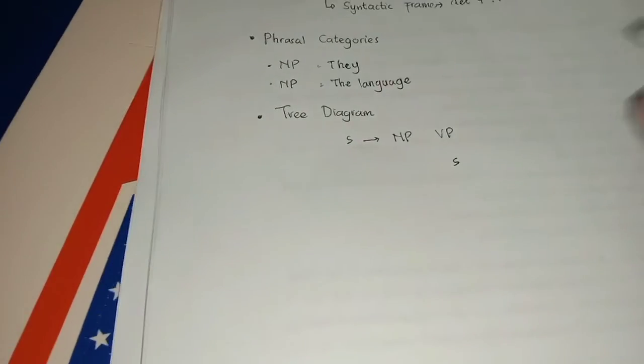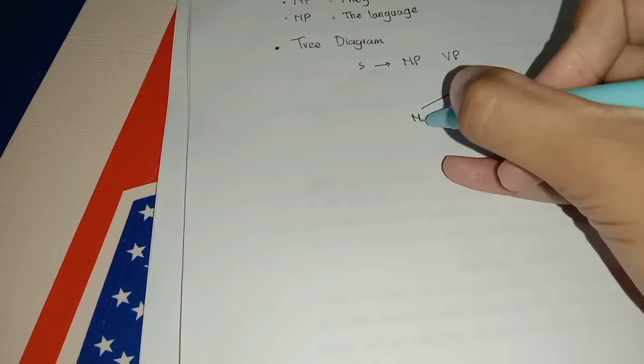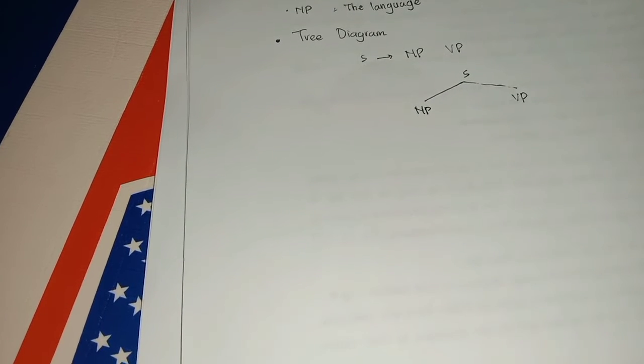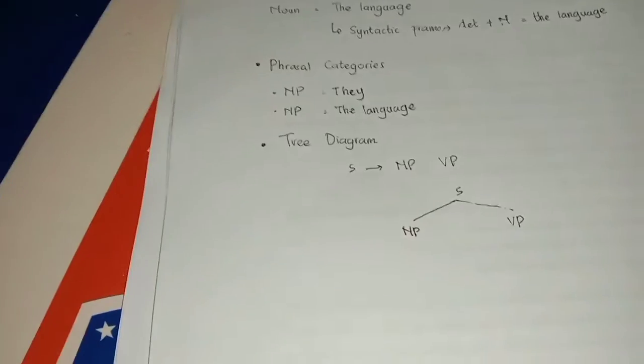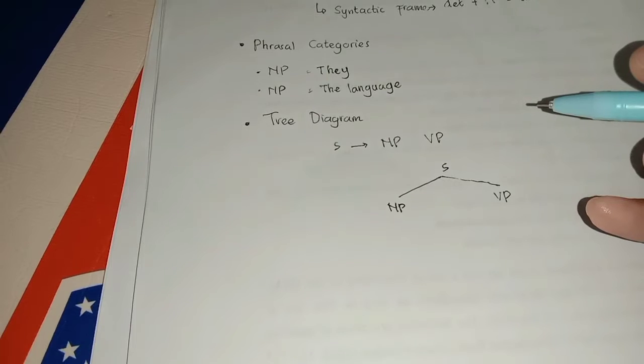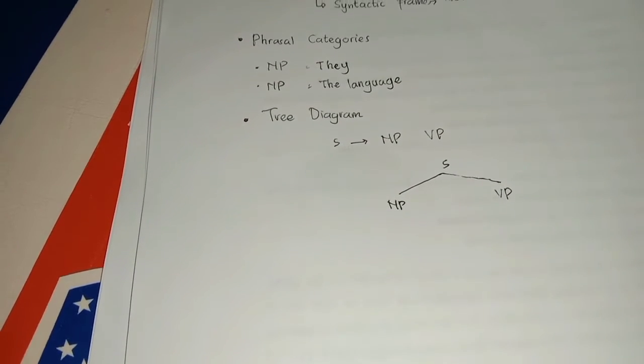From the sentence, we can divide it into noun phrase and verb phrase. They is the subject, or the noun phrase. For the verb phrase, we can divide it into some steps.